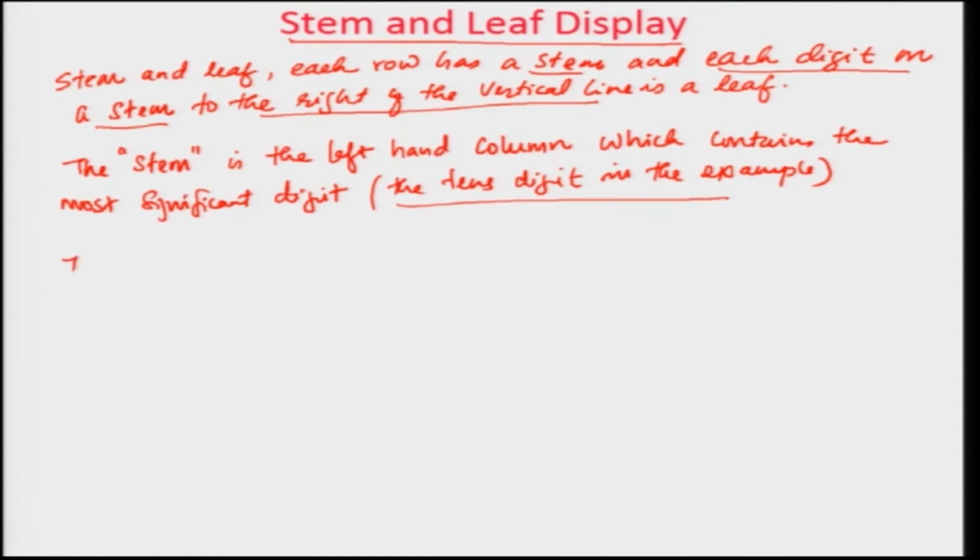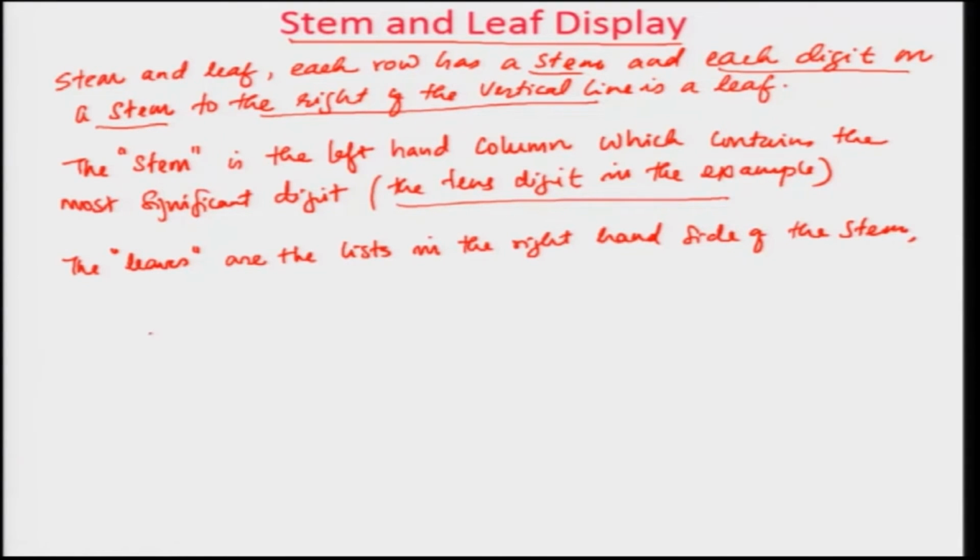The leaves, these are general rules. The leaves are the lists in the right hand side of the stem showing all other digits of the stem.